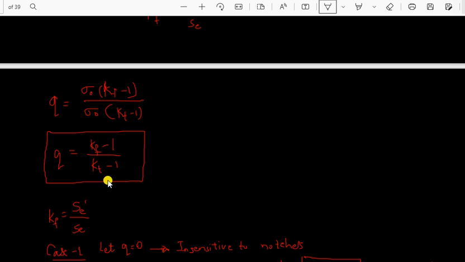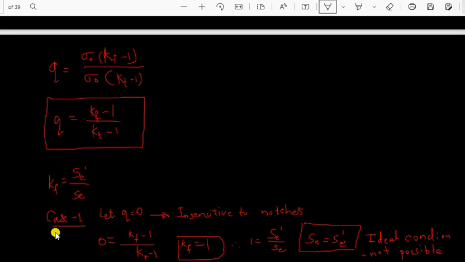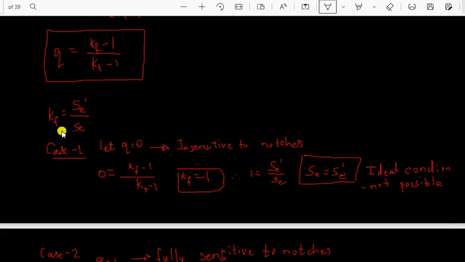Finally, Q equals Kf minus 1 divided by Kt minus 1. And you know well that actual stress concentration factor Kf is equal to Sc dash divided by Sc. Sc dash is the endurance limit for the standard specimen and Sc is the endurance limit for the actual component having notches and all invisible notches or irregularities or discontinuities.